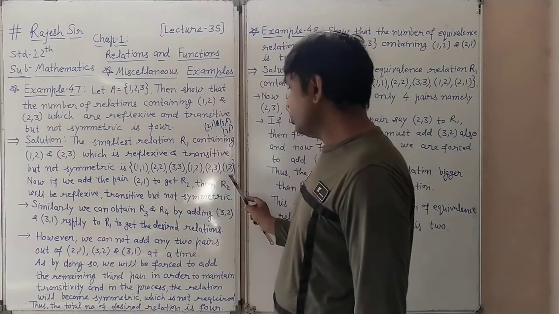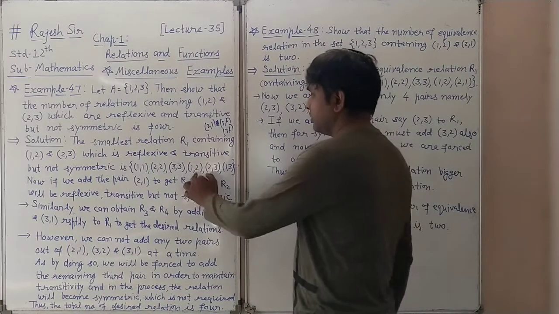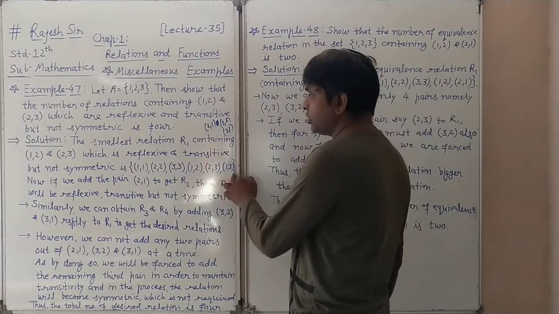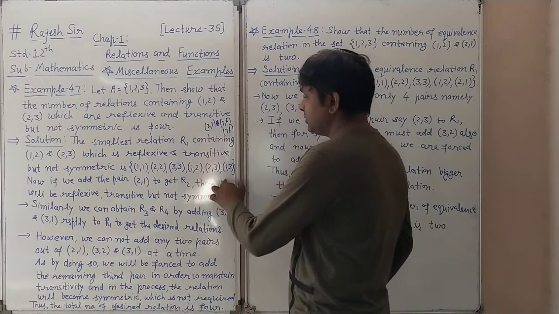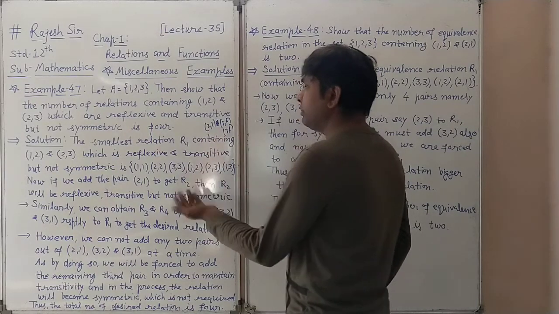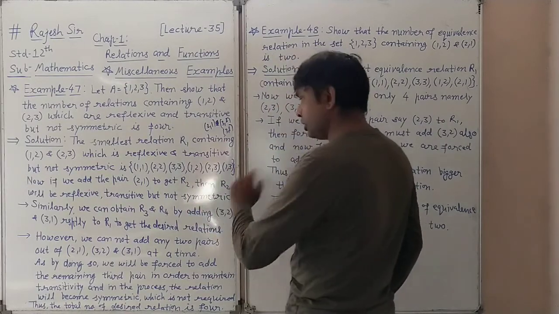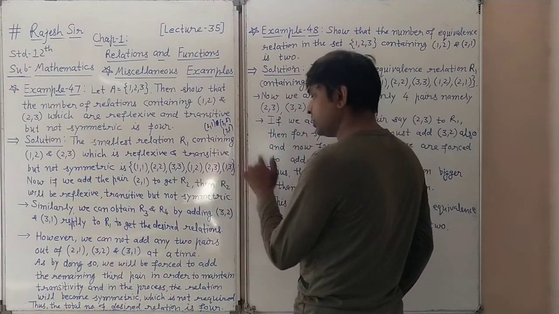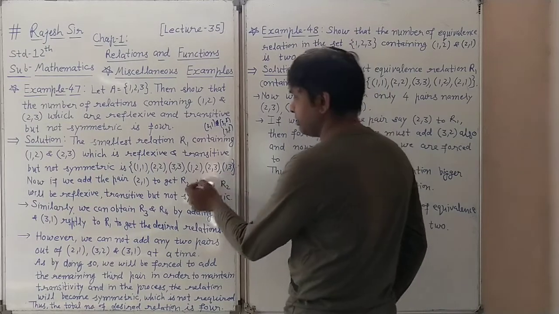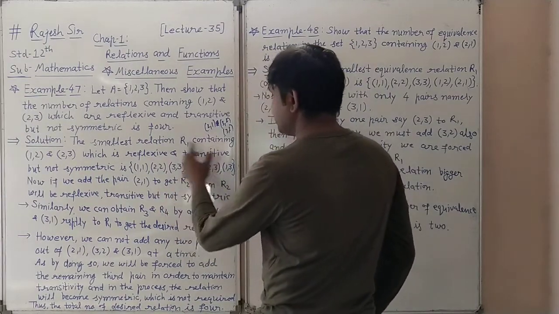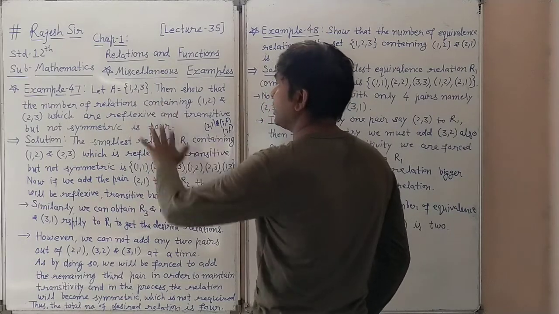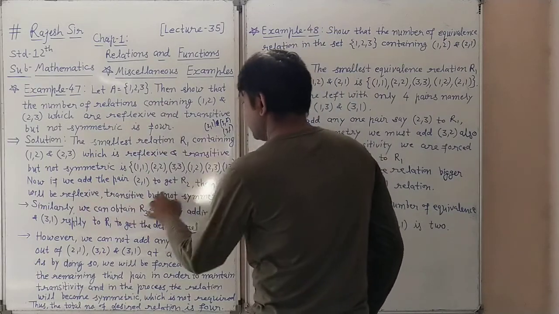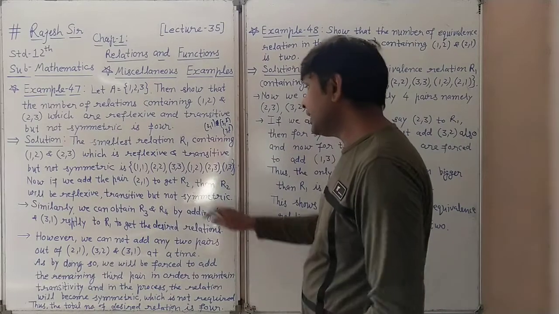Means I can add the pair (2, 1). You might think that adding (2, 1) will make it symmetric, but it will not be symmetric because (2, 3) is there and (3, 2) is not. So it will again remain reflexive, transitive but not symmetric. So we can get R2.